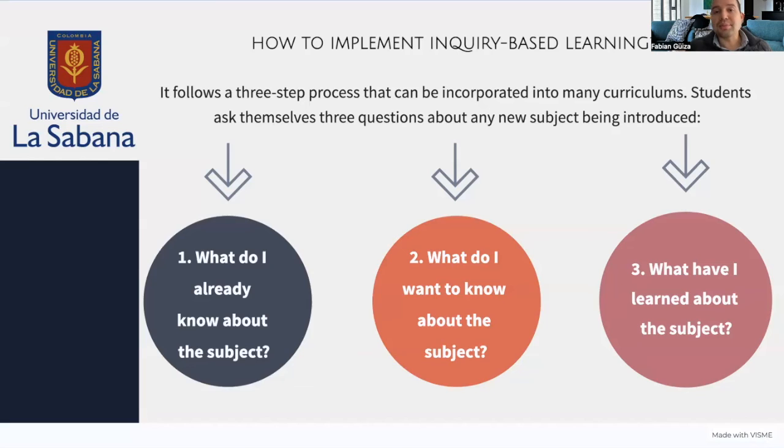These three questions could be enhanced by five strategies. So let's start with the big question. The idea is that it works as a catalyst to get the students thinking deeply about the subject that we are inquiring.